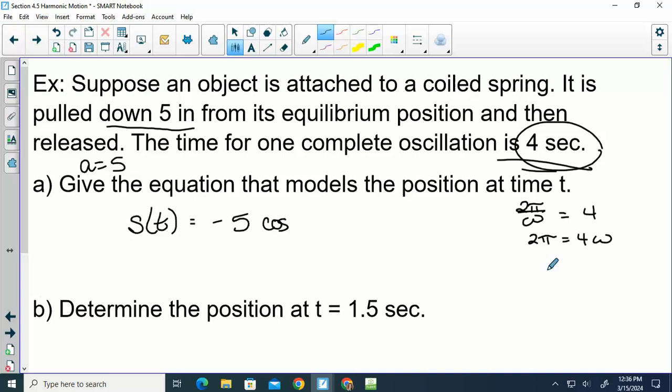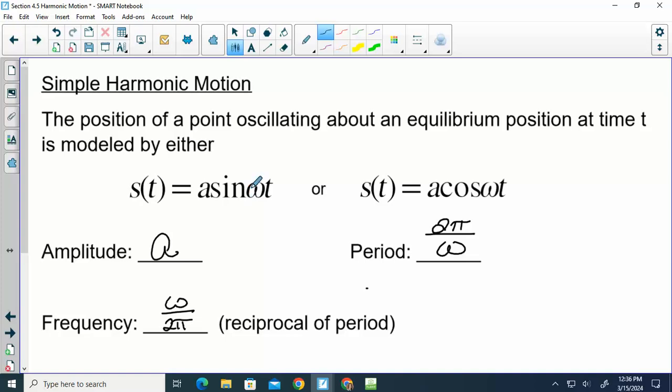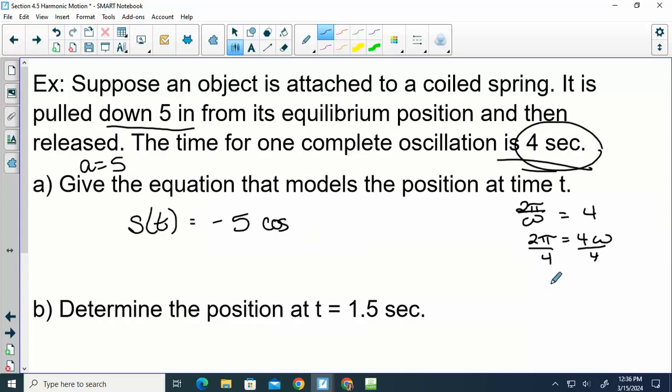What does omega represent again? It's just the coefficient of t, what we were calling b before. It's just a number in front of our variable. So our omega is pi over 2, and it's negative 5 cosine of pi over 2 t.